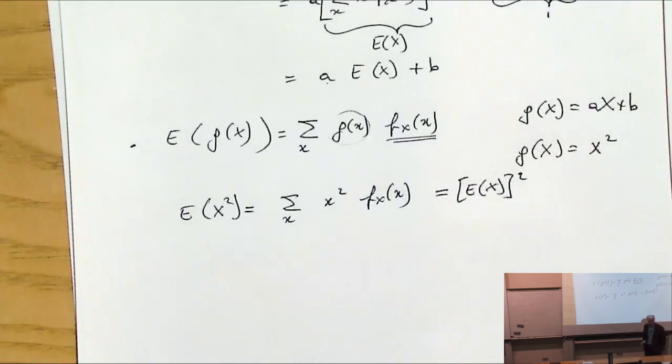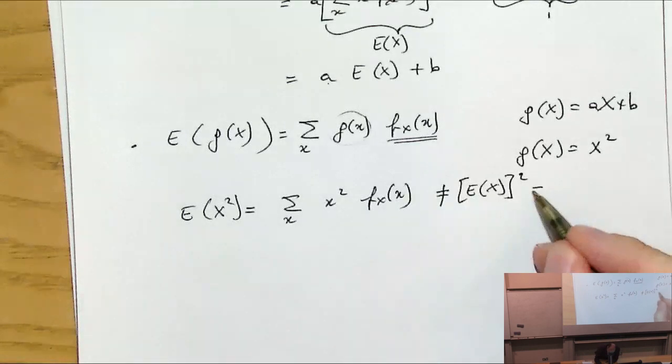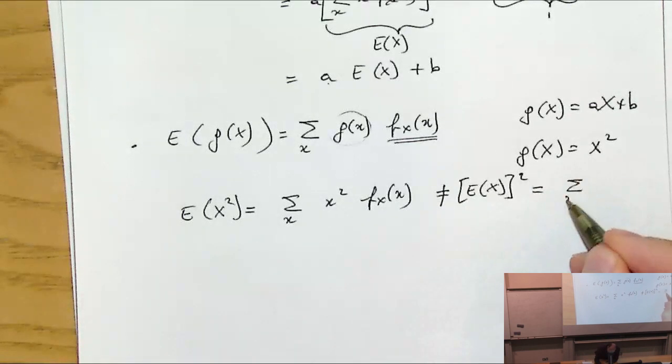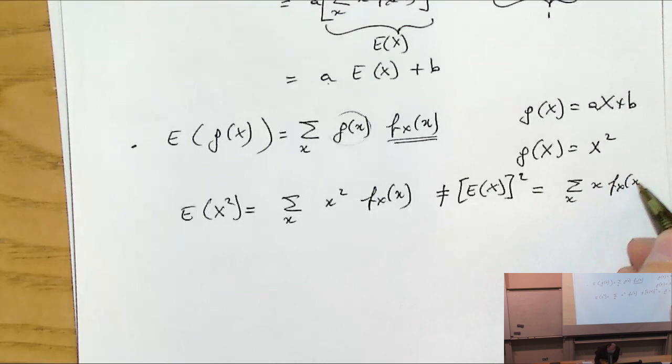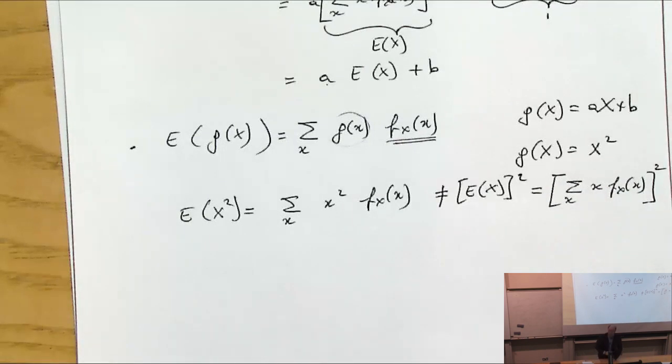No, it's not the same. It's very different, right? This is equal to the sum over X of X multiplied by the probability mass function, and then you take the square. Those two quantities are very different, right? And we'll see in a minute how they're connected to each other.